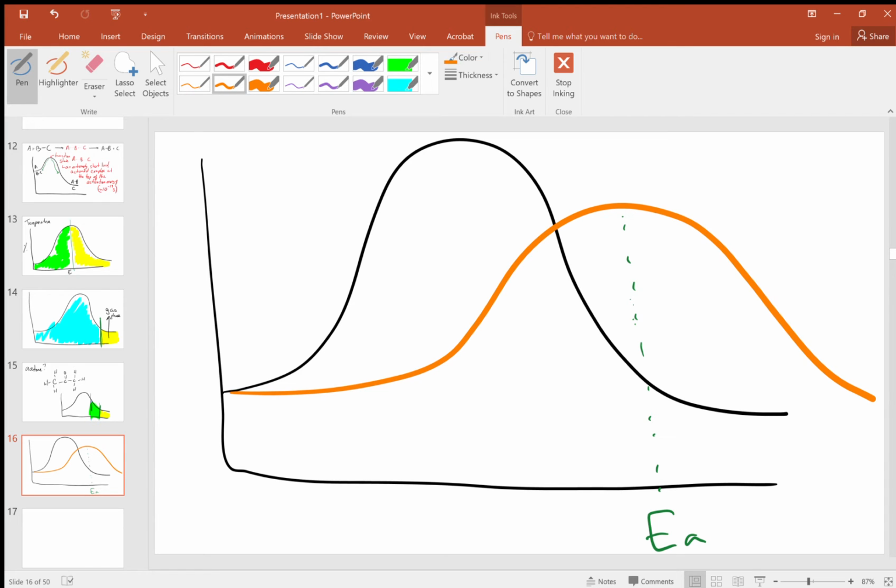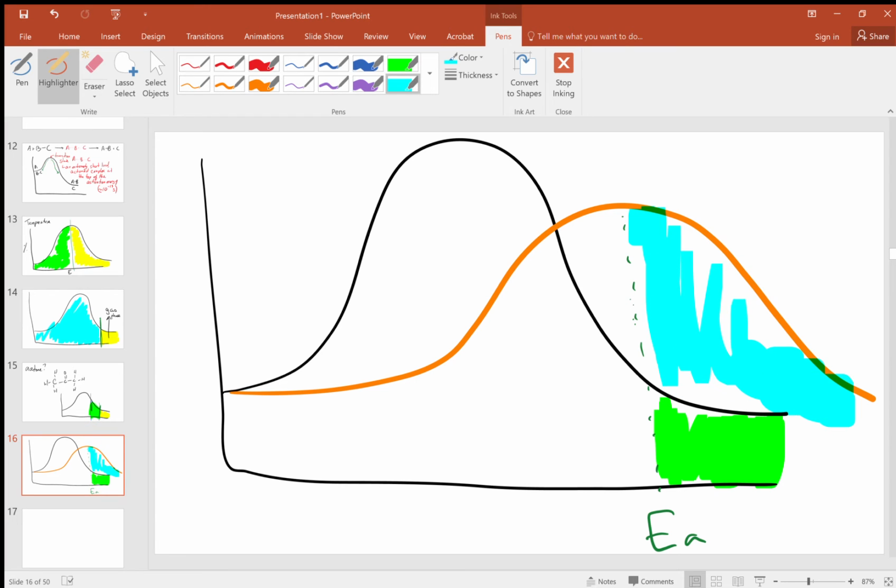And so as a result, instead of just a few molecules having enough energy to reach the activation energy, at this higher temperature, a lot more of them do. And so at higher temperature, we have more energy, and the reaction can take place more quickly.